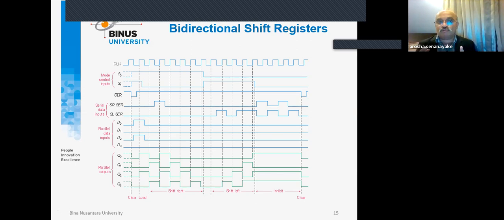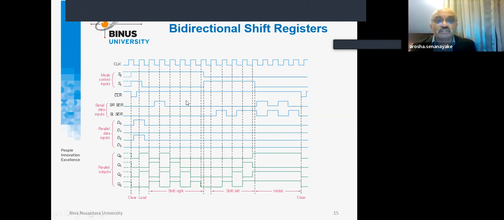Just one pin is used to do that. But here, we use shift right and shift left using two pins. They activate differently, but both activate whenever it is in one. That is the key point.